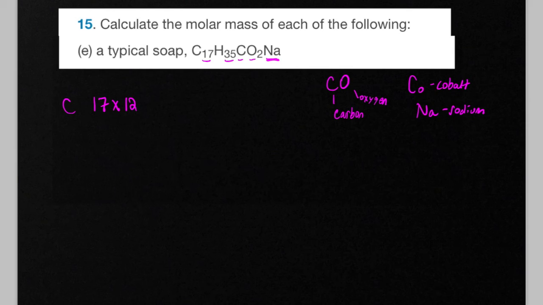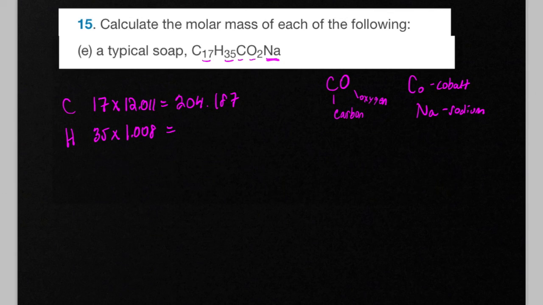All right, so let's go ahead and do this. So we have 17 carbons. Each carbon has an average atomic mass of 12.011. So we multiply that out, and this will be the contribution of the molar mass from carbon. And we repeat this process for the different elements. So 35 hydrogens in this formula.